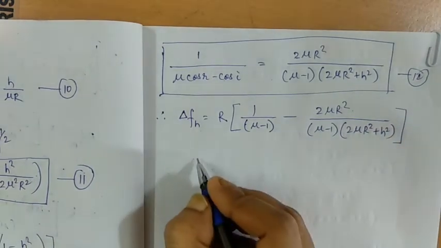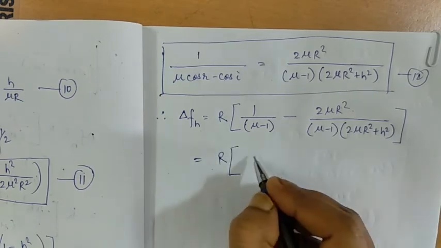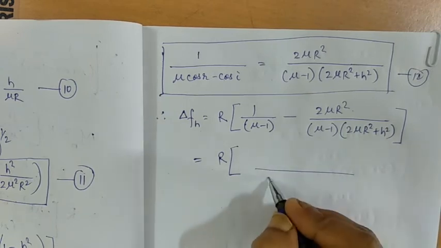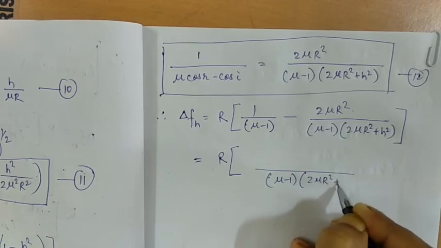Now if you solve this one, you'll get r into, again you can take the LCM over here, that is (mu minus 1) into (2 mu r square plus h square).